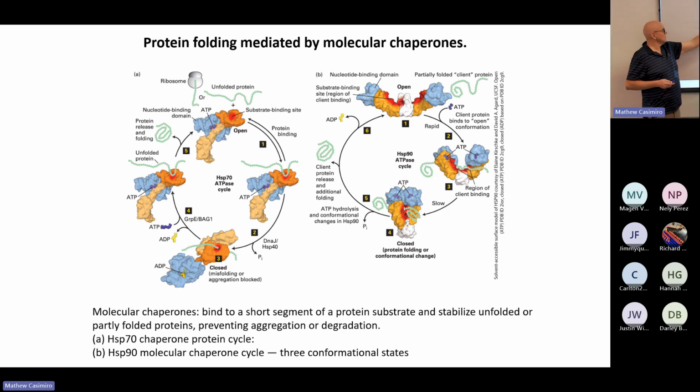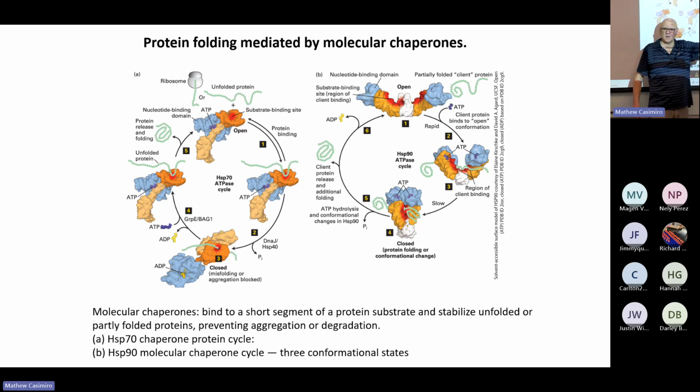Now, in some instances, maybe the protein doesn't fold correctly after this cycle in which ATP hydrolysis is linked to folding. The protein may come off in an unfolded state, in which case it can enter into another cycle of folding by binding to the HSP or to another heat shock protein, right?